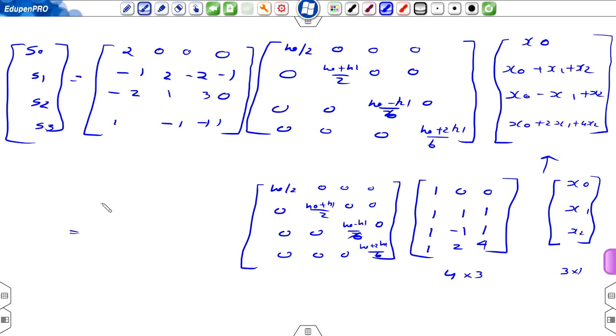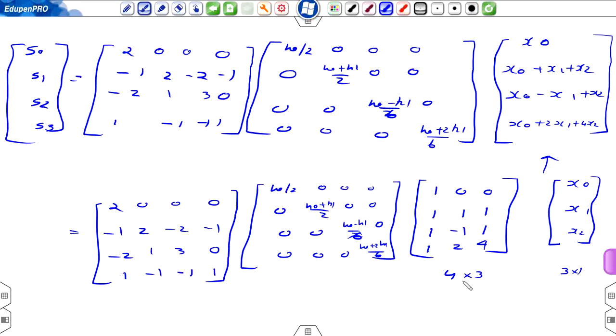And this matrix as it is: 2 0 0 0, minus 1 2 minus 2 minus 1, minus 2 1 3 0, and 1 minus 1 minus 1 1. Okay, so this is a pre-computation matrix that will combine the incoming signals.